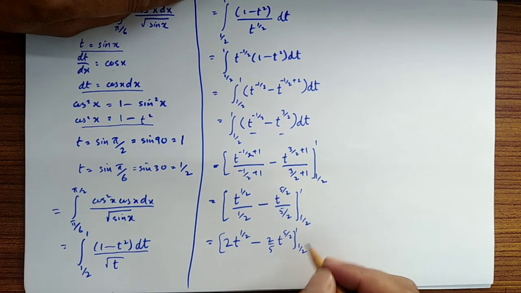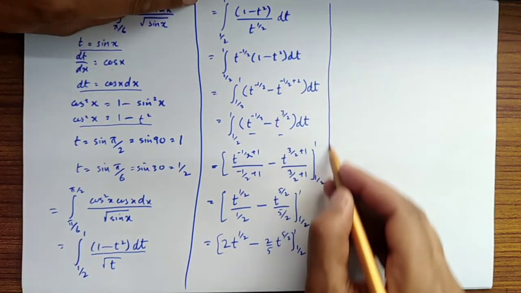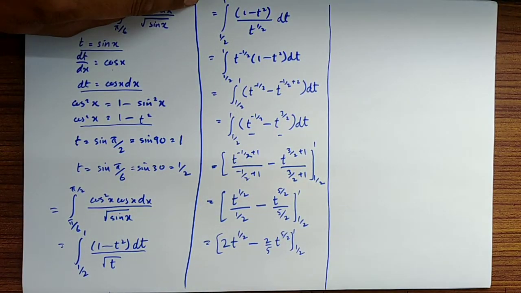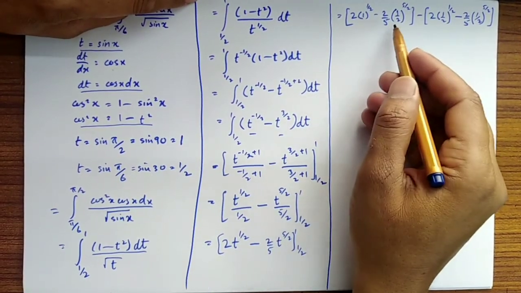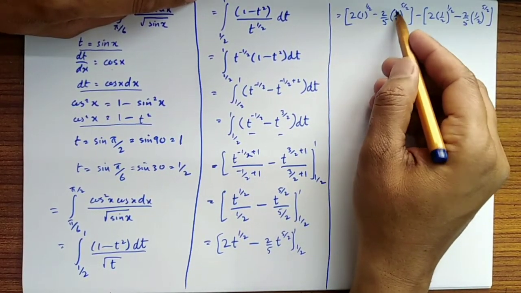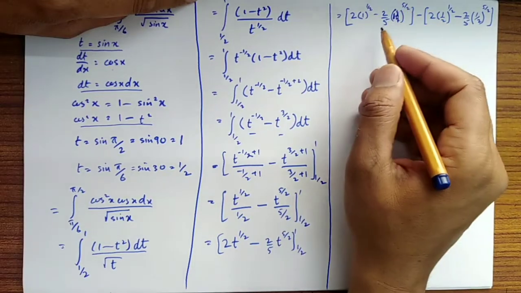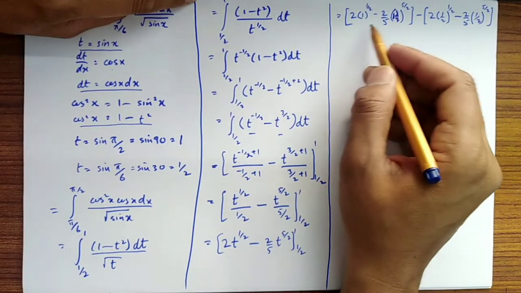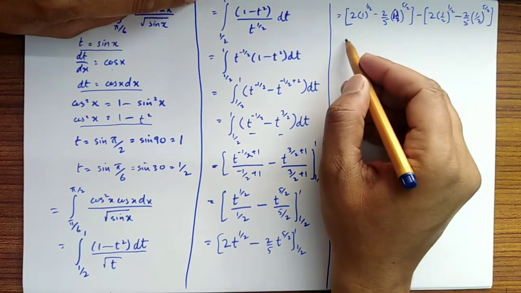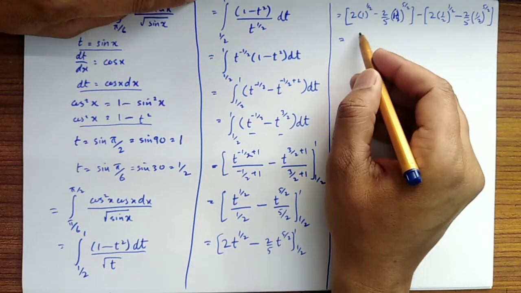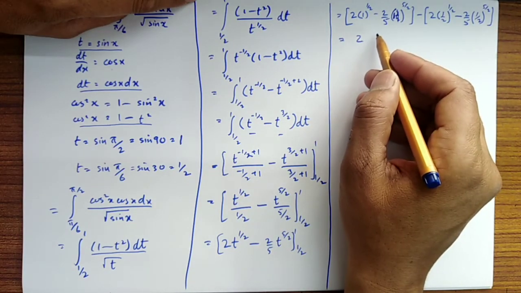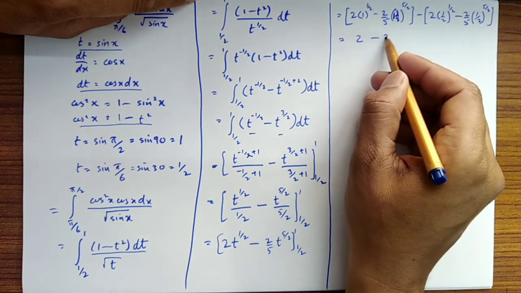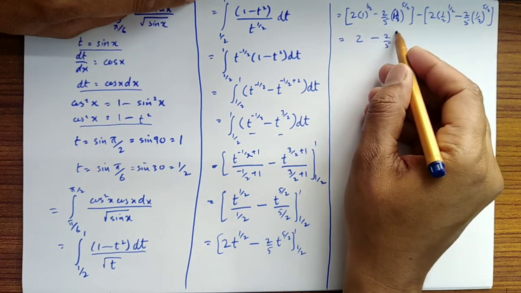And now applying the limits, upper limit and lower limit individually, we got this condition. First we have substituted 1 over here, right? Now simplifying this part, 1 to any power gives only 1, and 1 multiplied by 2 is 2, minus 2 upon 5.